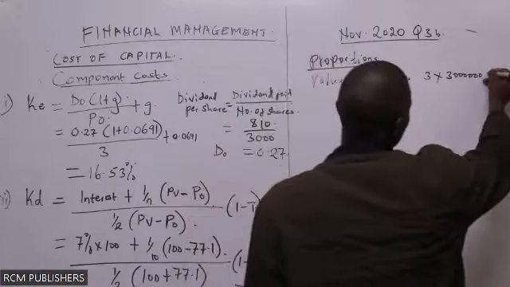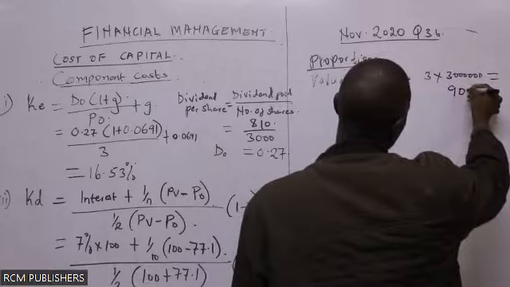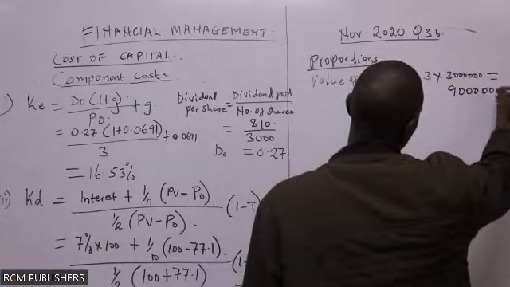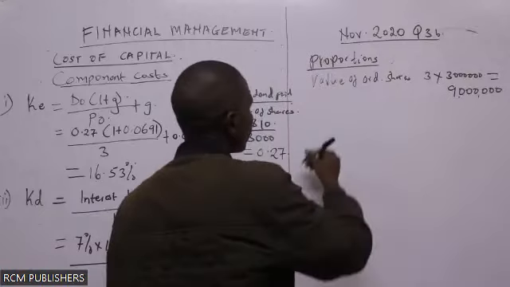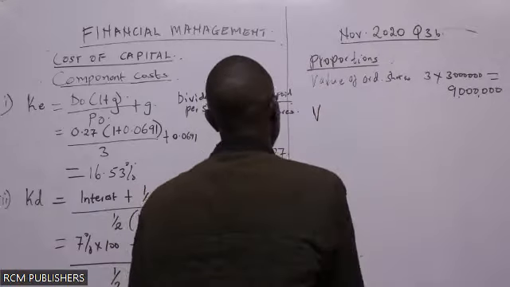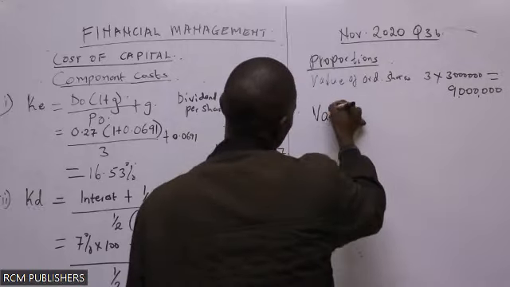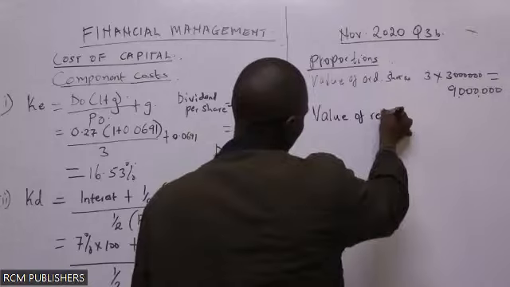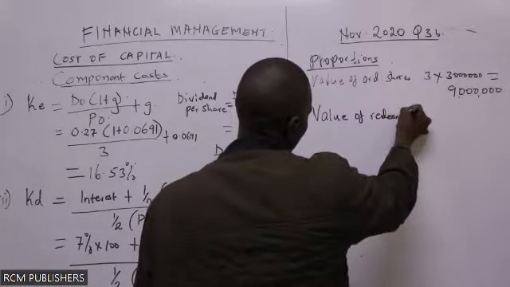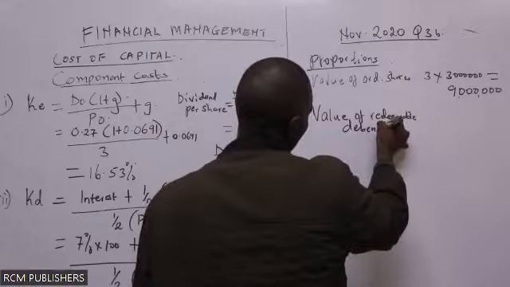So my value of ordinary share will be 9 million. From there, I need to get the value of the redeemable debenture. So how do I get the value of this debenture?